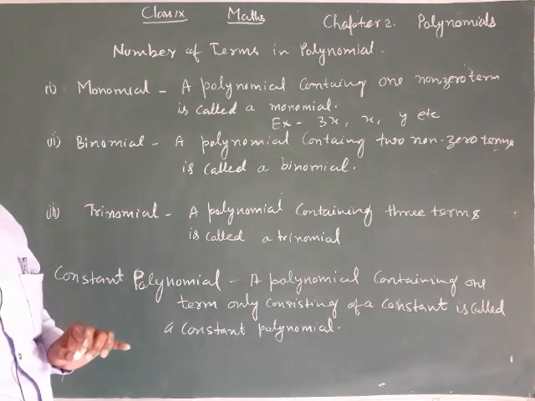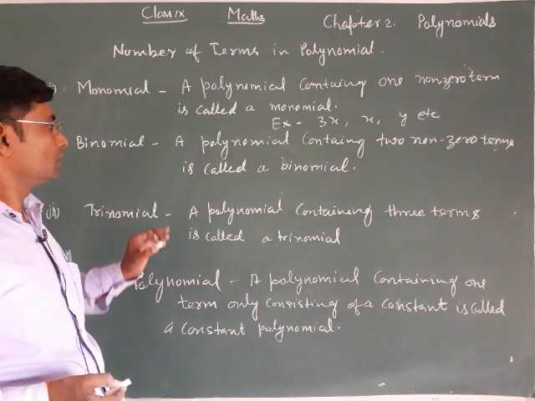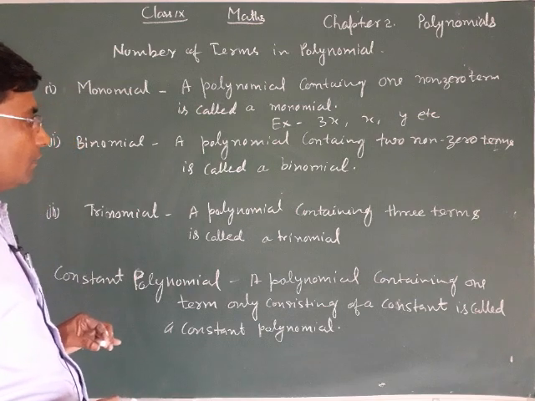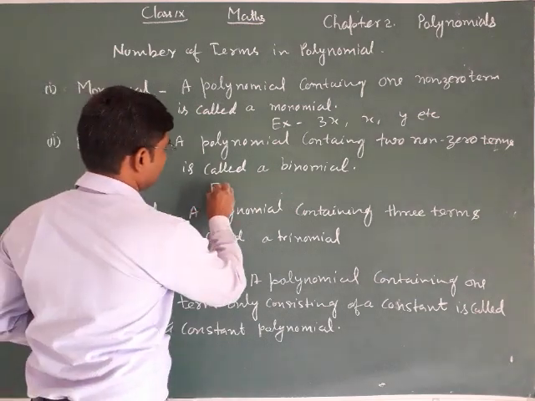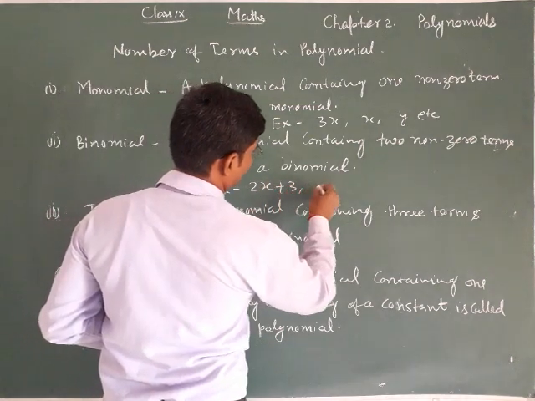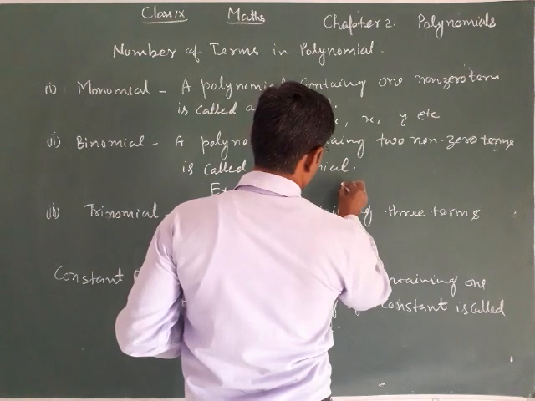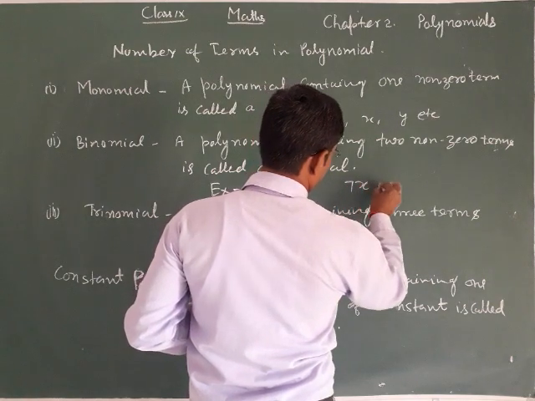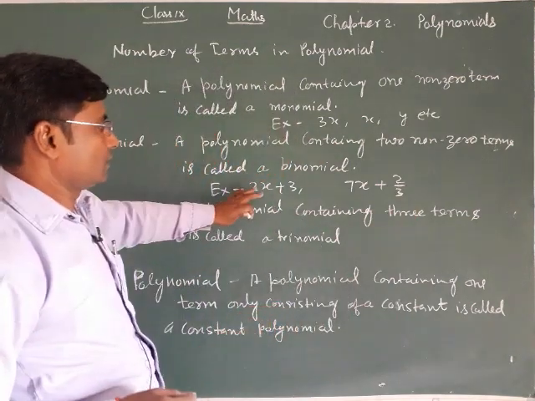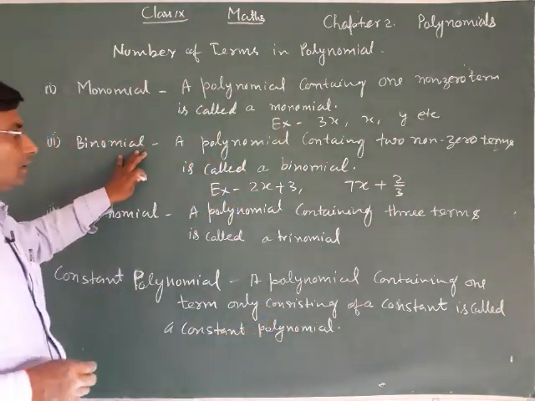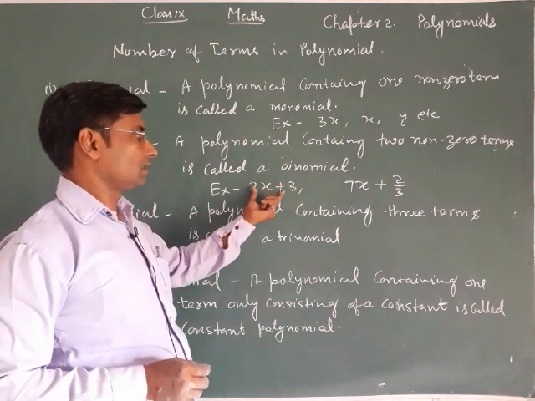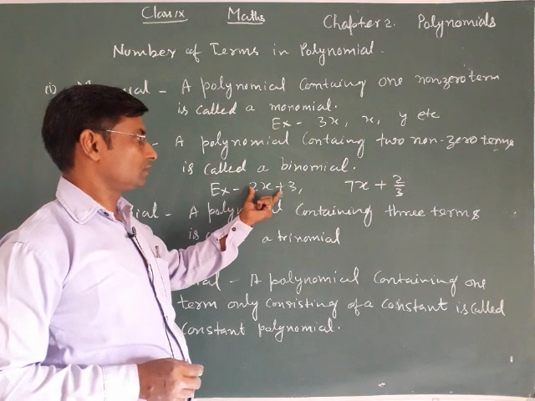A polynomial containing two terms is called a binomial. For example, 2x plus 3 or 7x plus 2 upon 3. These are called binomials. These have two terms, first term and second term.